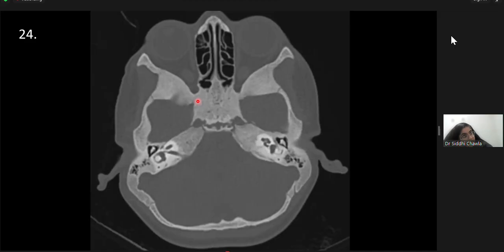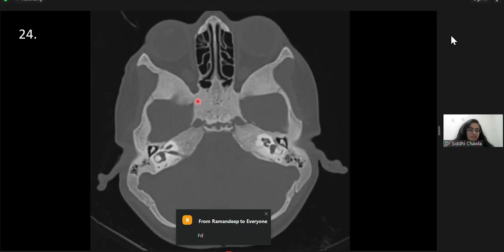This patient has conductive hearing loss. That was the only history, and this HRCT temporal bone was done. Everybody is writing FD, but I just want to tell you that with FD there should be expansion of the bone, and not all of the bones will be affected.